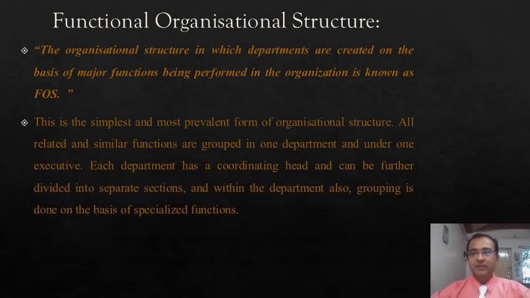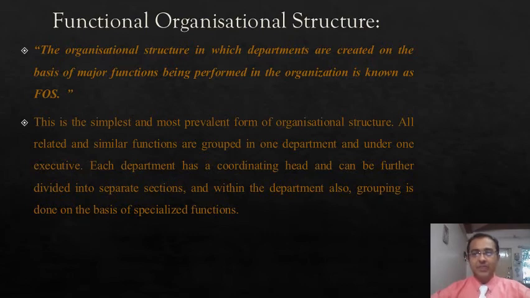Now, this functional organizational structure is the simplest and most prevalent form of organizational structure. Mostly, small scale and medium scale industries prefer to adopt this kind of organizational structure.